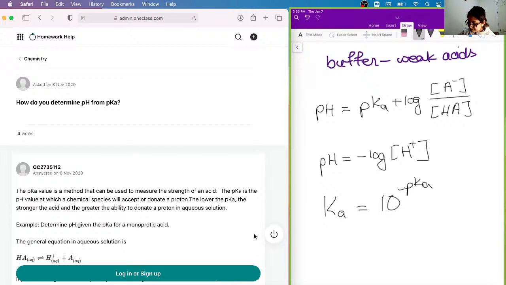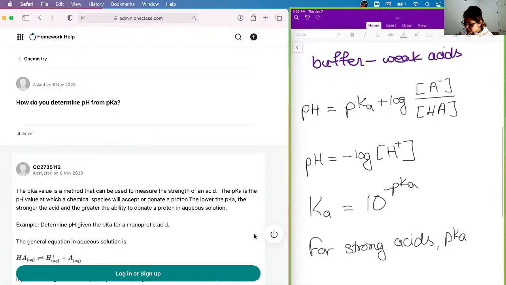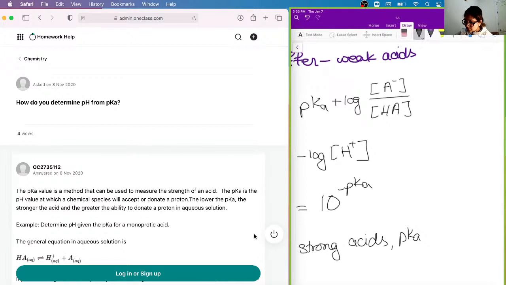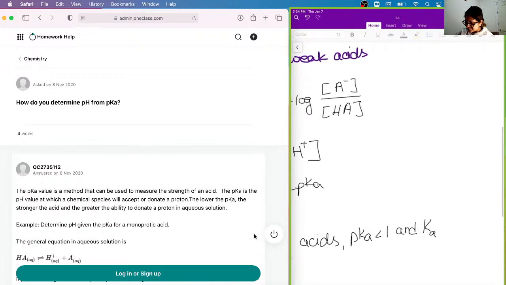Basically for strong acids, the pKa would be really low, less than 1, so your Ka will be greater than 1, as we said this is inversely proportional.